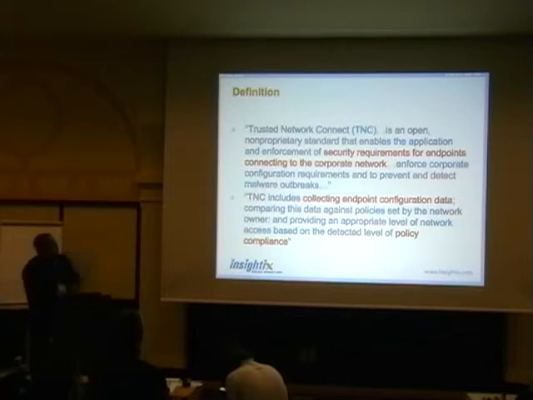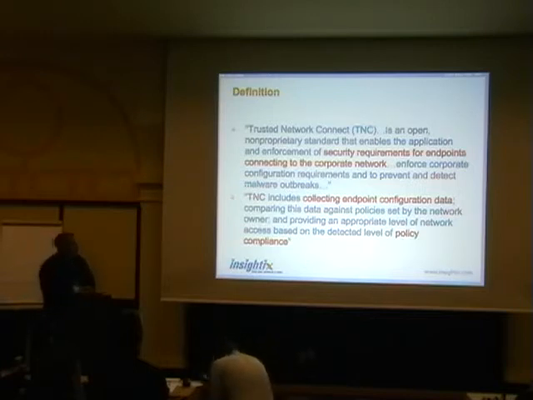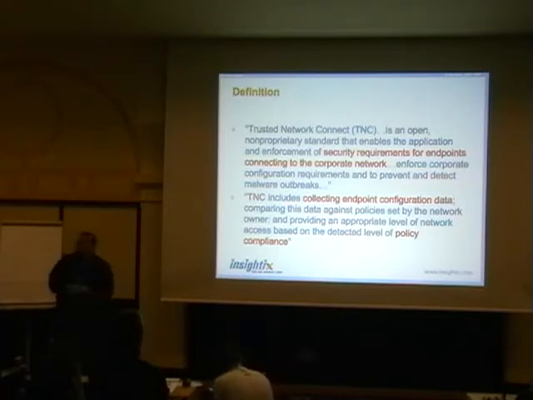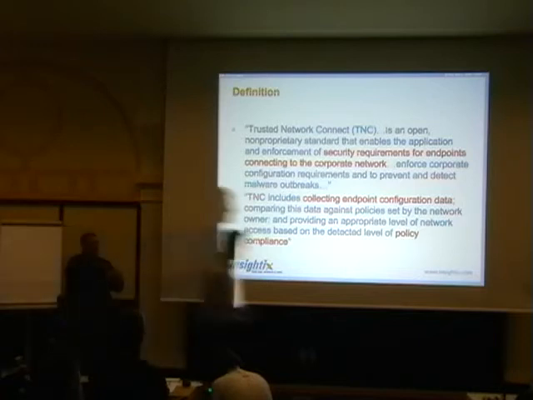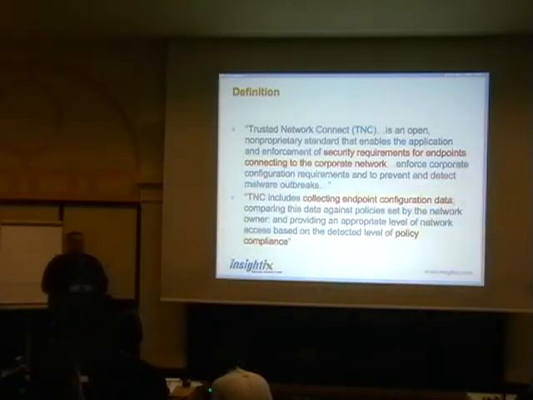As you can read in the highlighted red, security requirements for endpoints connecting to the corporate network, collecting endpoint configuration data, policy compliance. So this means that instead of saying, okay, we first control the access to your network, and then we assess if those devices are compliant with what you would like your elements to adhere to, we're saying, okay, this is only the compliance piece.